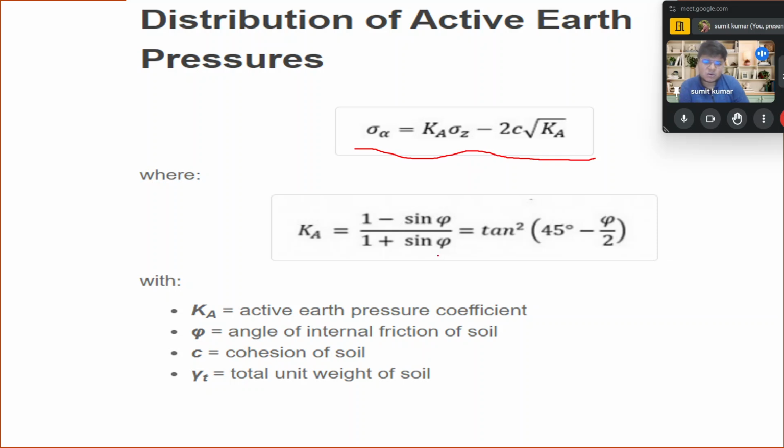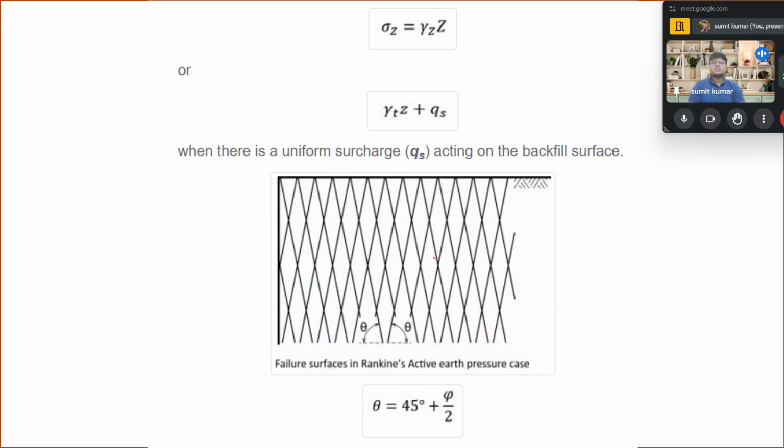So as we know, K is the active earth pressure coefficient, or the coefficient of active earth pressure, phi is the angle of internal friction, c is the cohesion, and gamma is the total unit weight of the soil. As you see over here, it is represented sigma z equal to gamma into z, that is the stress at depth z, which is the value of the unit weight of the soil multiplied by that depth z, giving the value as sigma z.